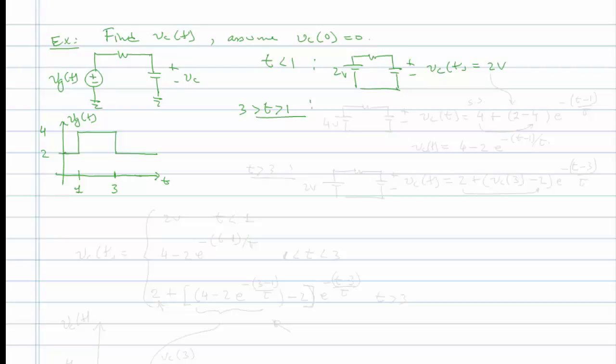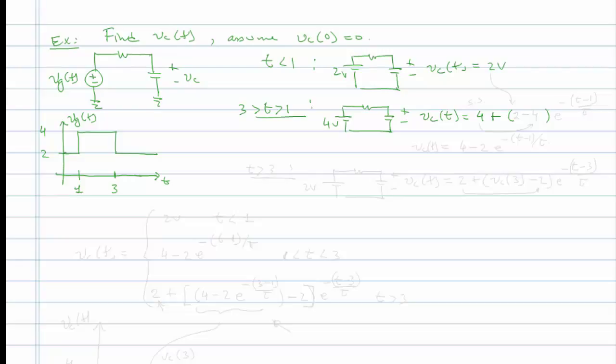For time greater than 1 second but less than 3, the circuit that we have now is a 4 volt circuit. So VC of t is going to be the steady state value, if we stay in this circuit mode forever, which is 4 volts, plus the initial condition. What is the initial condition on this capacitor voltage? Right at 1 second, the capacitor has been sitting at 2 volts forever.